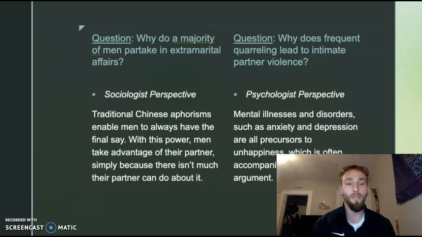So this, in other words, is saying that as someone engages in frequent arguments or fights, they are often not just doing this because they want to. There is more likely some underlying mental issue or disorder or other issue that is sparking these arguments, this unhappiness, which often is present during an argument.